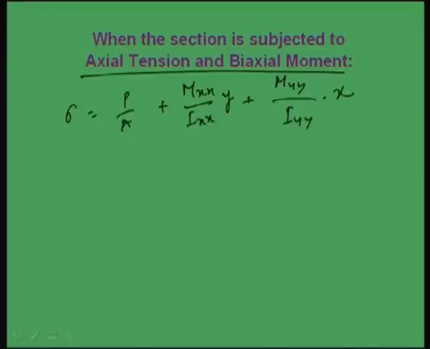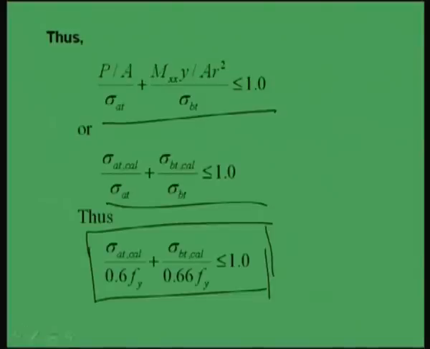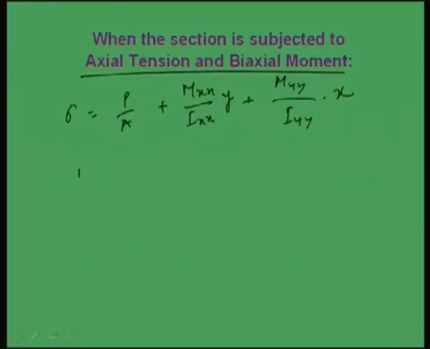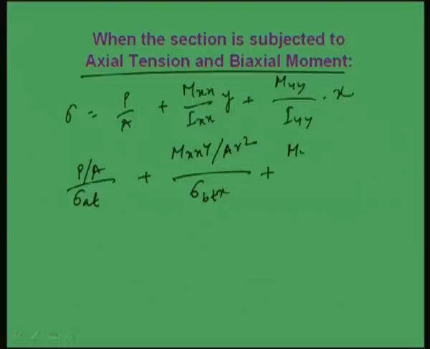So similarly I can write, P by A is basically sigma AT calculated, and from the earlier equations, in this way if I want to write, this will become P by A by sigma AT plus Mxx y by ar square by sigma btx plus Myy x by ar square by sigma bty should be less than 1.